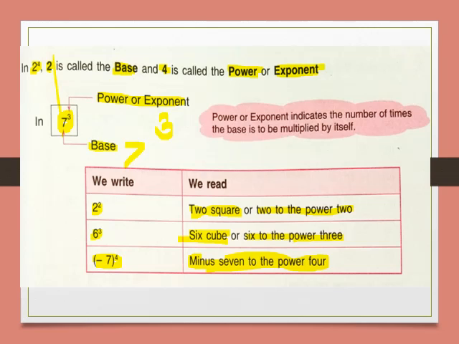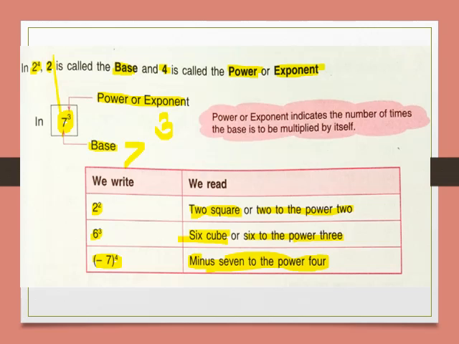So in this 7 raised to 3, the power or exponent is what? 3. And the base is what? Base is 7. So power or exponent indicates the number of times the base is to be multiplied by itself.